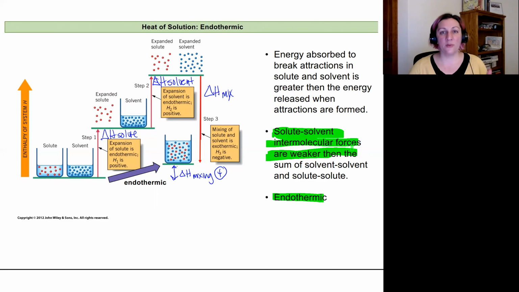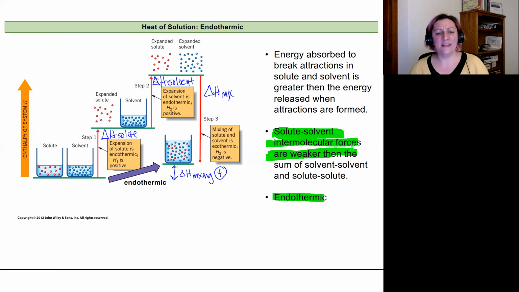It's common, especially if you have like an ionic compound. Ion-ion interactions are very strong. And if you're replacing them with ion-dipole interactions, lots of them, it could definitely compensate for a lot of the energy that had to go into break the ion-ion interaction. But it's not going to be quite as strong. And so we'll see that it actually requires some energy to be absorbed to make that happen.